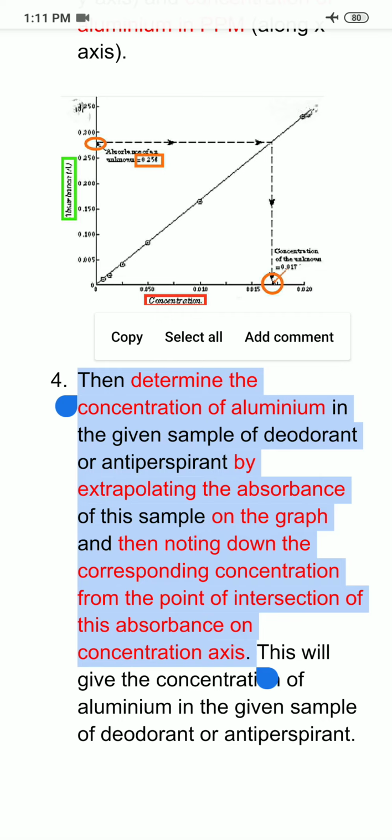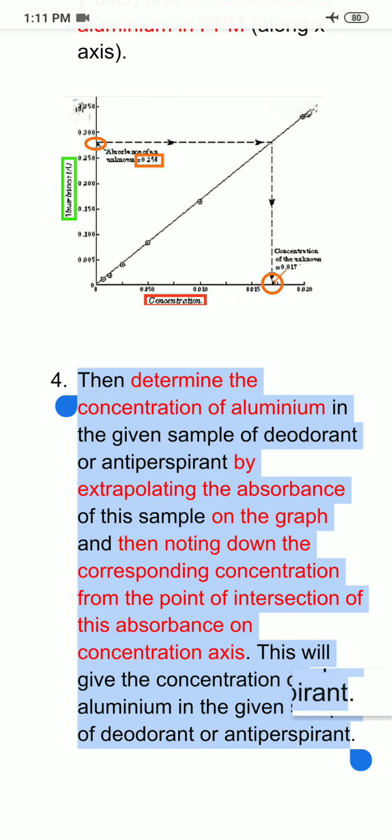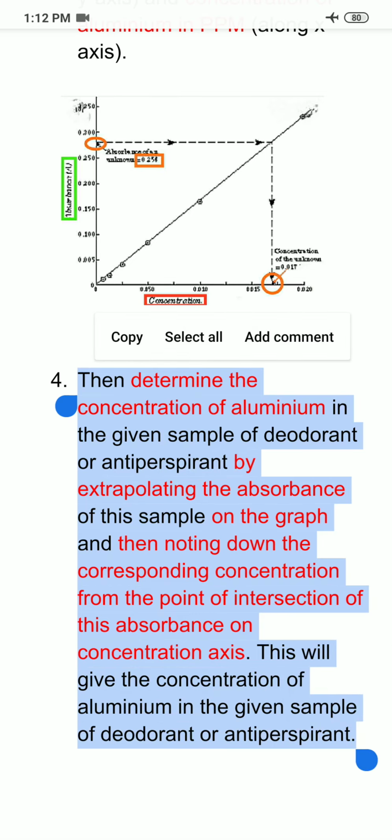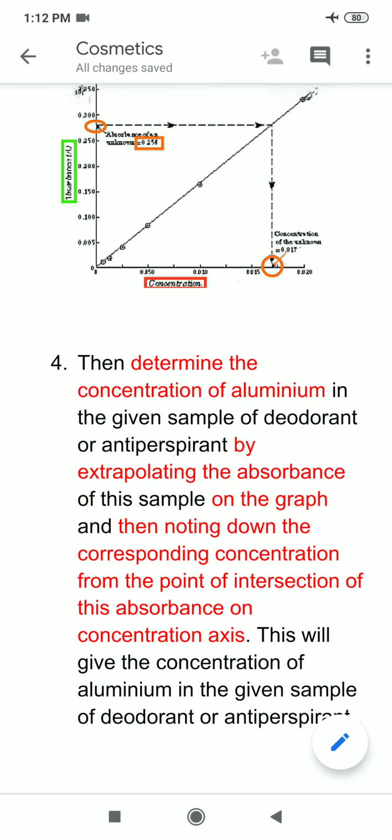This text is all what I made clear earlier. So this will give you the concentration of aluminium in the given sample of deodorant and antiperspirant. So this is all about how to determine the concentration of aluminium in the given sample of deodorant or antiperspirant. Thank you.